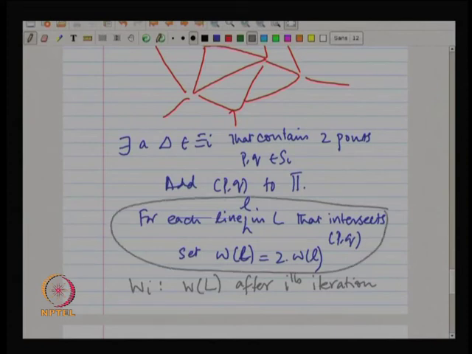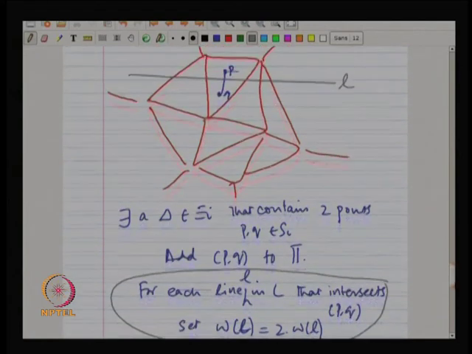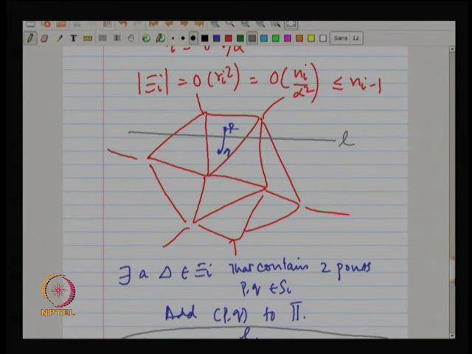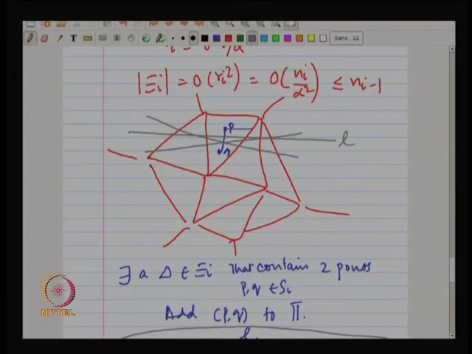This is the only place where I increase the weight. I will use this as a cutting, because the edge lies inside this triangle. Since I doubled the weights, the lines that intersect this edge PQ also intersect the triangle, am I right?